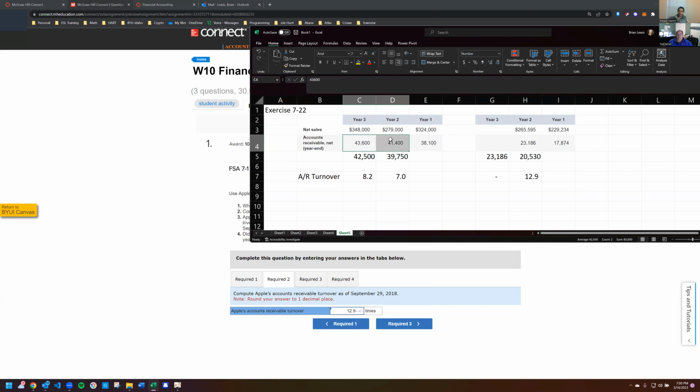So you're looking at the AR turnover for year 3, you're only looking at the year 3 ending balance and the year 2 ending balance, which is effectively the year 3 beginning balance. These numbers just roll over from end of year to beginning of year, end of year to beginning of year, and then end of year. A little confusing.